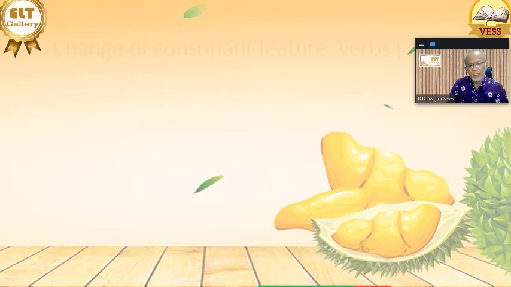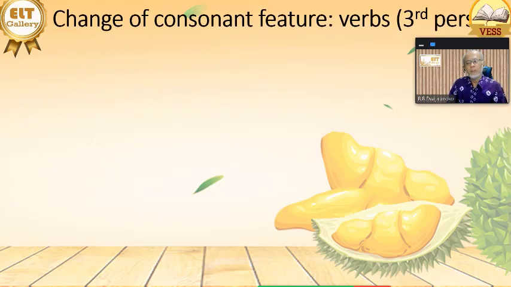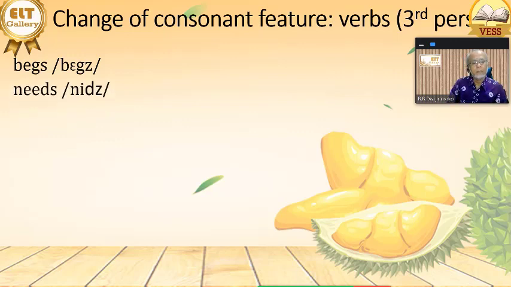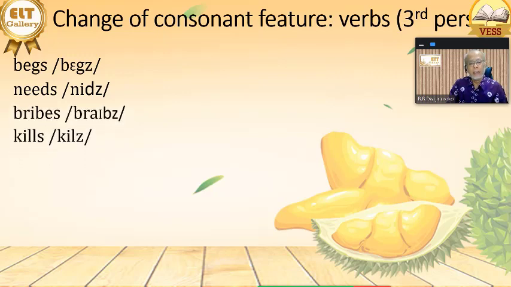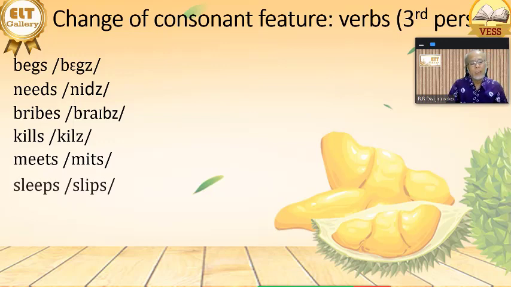We also have the same case with the third person suffix. We have begs, needs, bribes, kills. So here we have the z sound because g, d, b, and l are voiced. But here we have the s sound: meets, sleeps, takes.